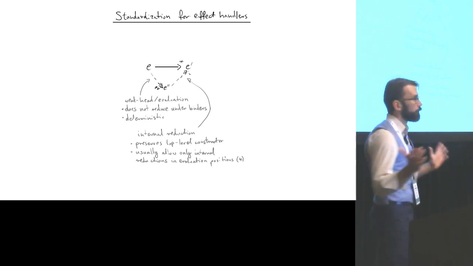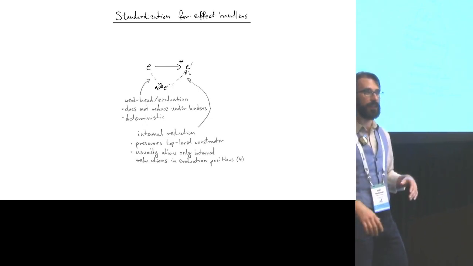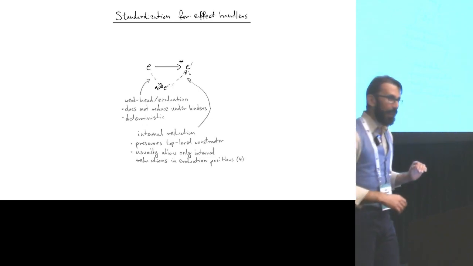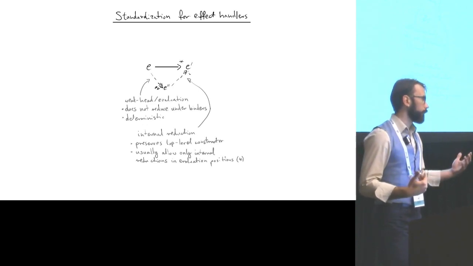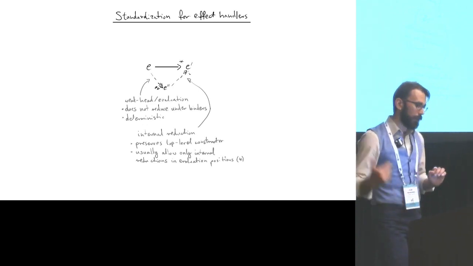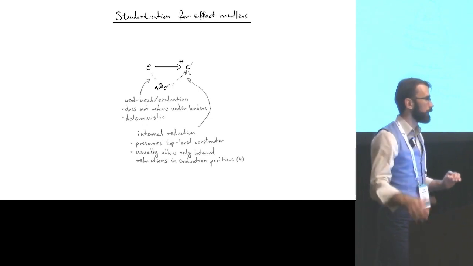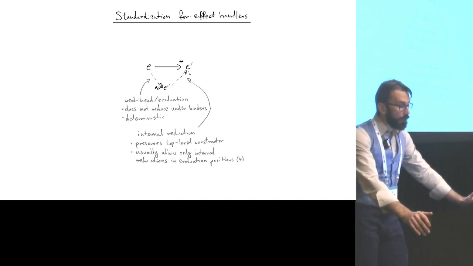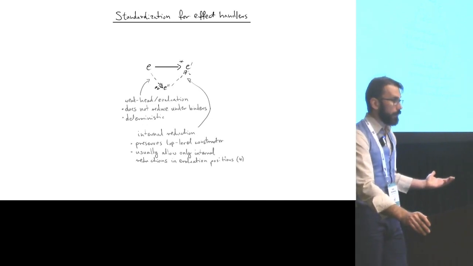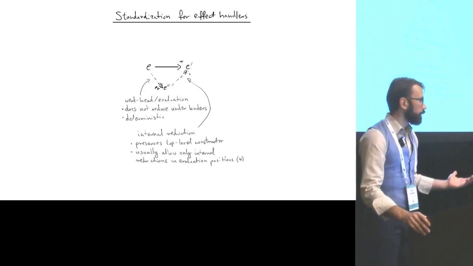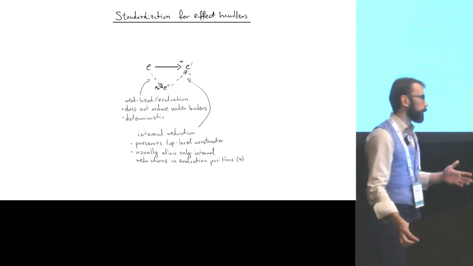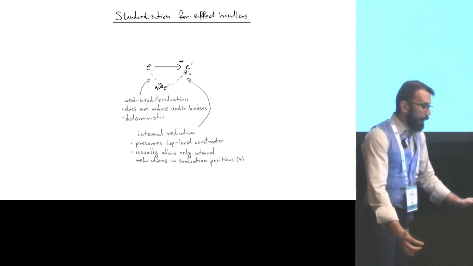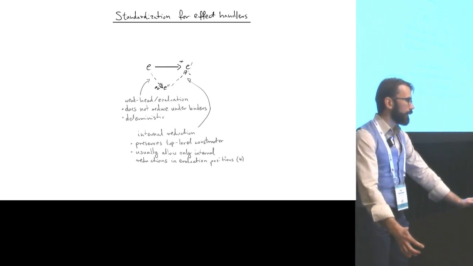Now, so far so simple. We can take the evaluation to be identity and everything's fine, right? But in order for it to make some sense, we want to impose some conditions on both the evaluation relation and the internal reduction, which is what happens in the second stage. And to my mind, the defining properties for these are that the weak head evaluation relation does not go under binders, which is probably what most of us would class as evaluation, and that it is deterministic, not necessarily in the construction itself, but in the location of the redex.